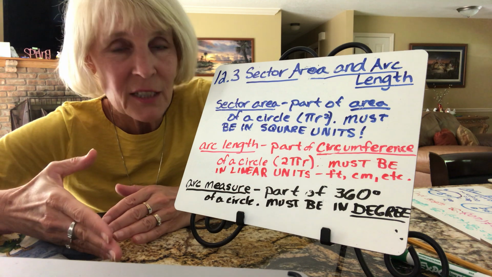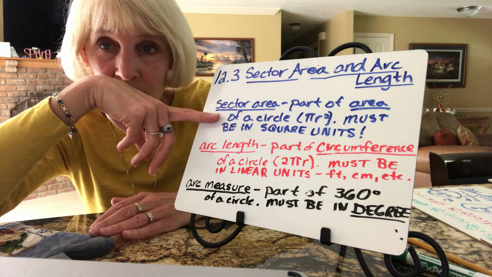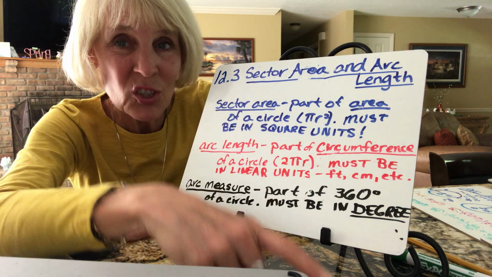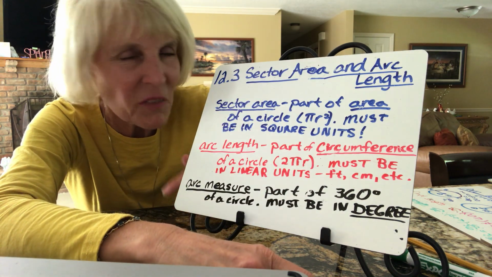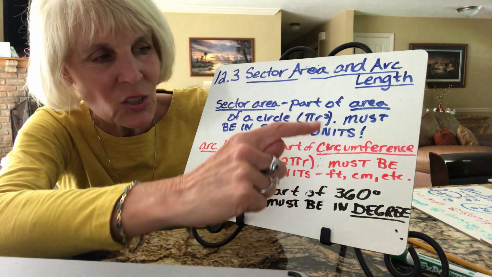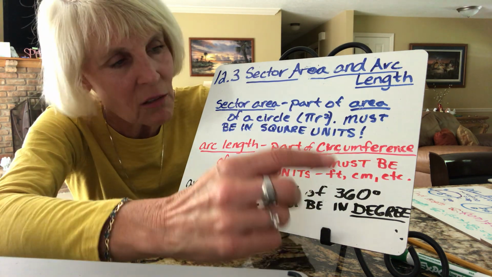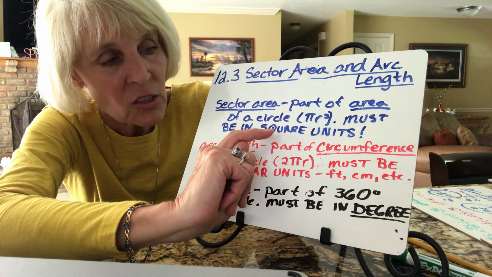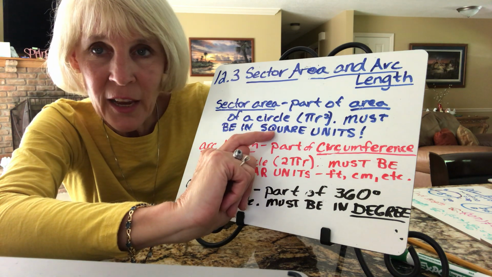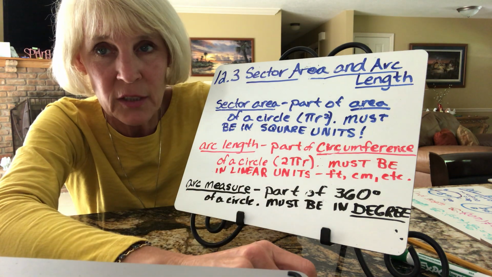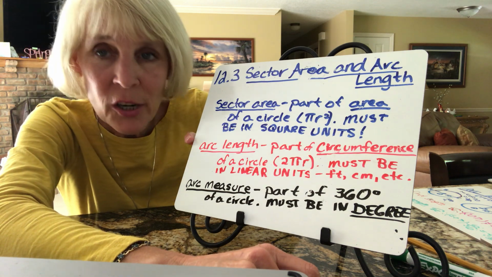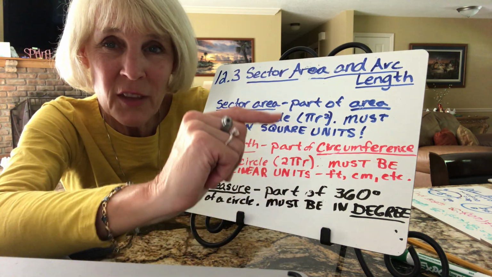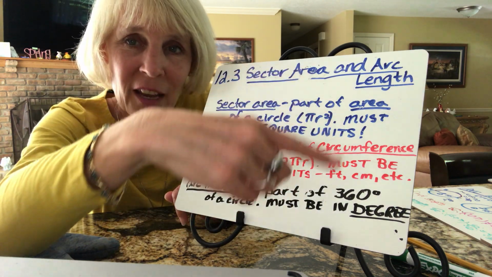So the piece of pizza is my sector. Now remember, it's part of the area of a circle. The area of a circle is pi r squared, so we would know it's part of pi r squared. And since it is an area, it's going to have units of square units. Whereas the arc length that we're going to be working with is not part of the area, but part of the outside.